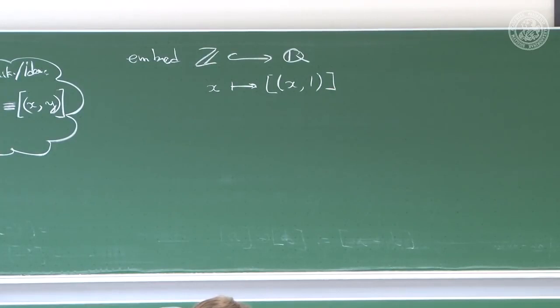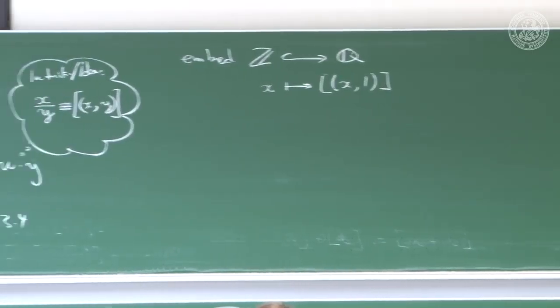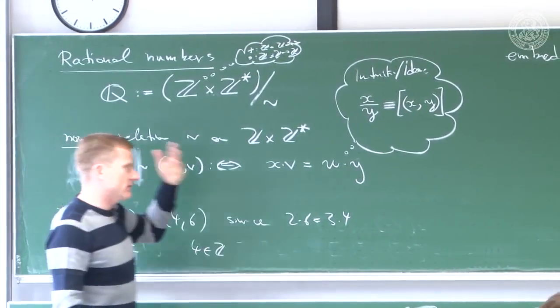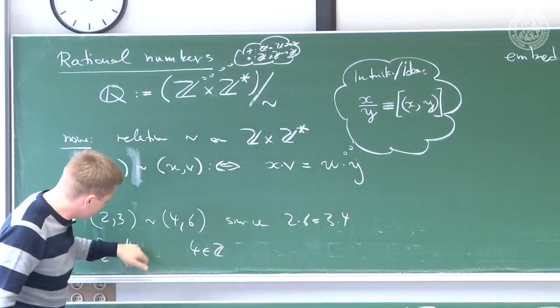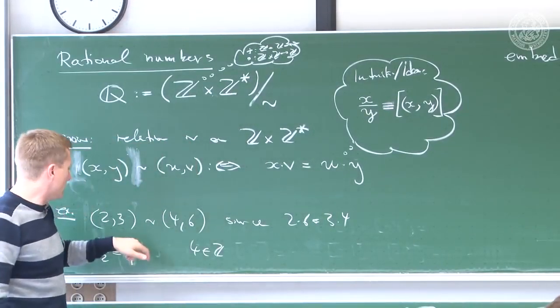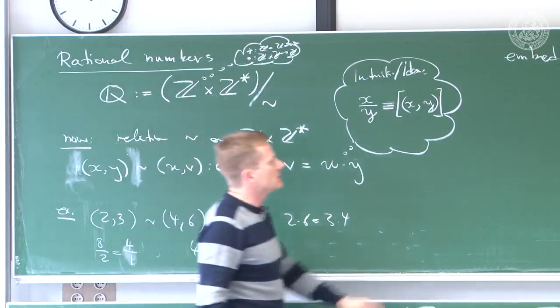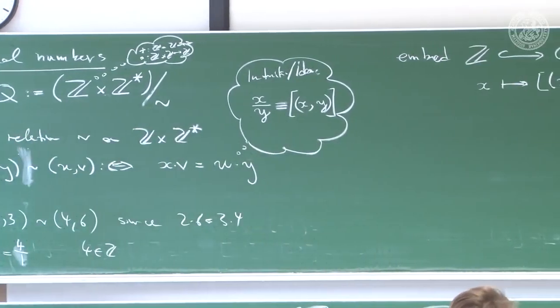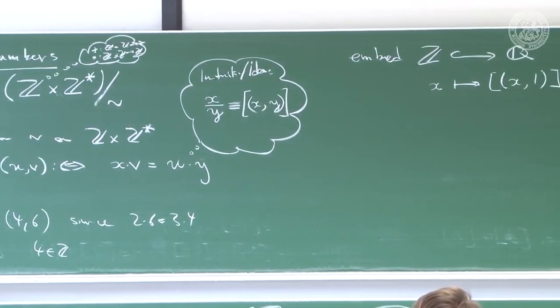You do not know that 4 over 1 is the integer 4; 4 over 1 is 4 over 1. Whenever we manage to get a 1 down here, then we identify it with this integer, and that's this embedding here. It's very much like with the minus signs before.